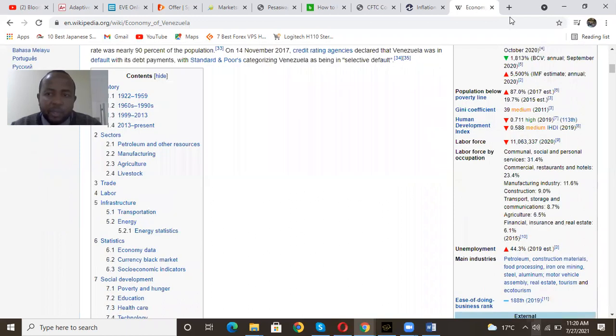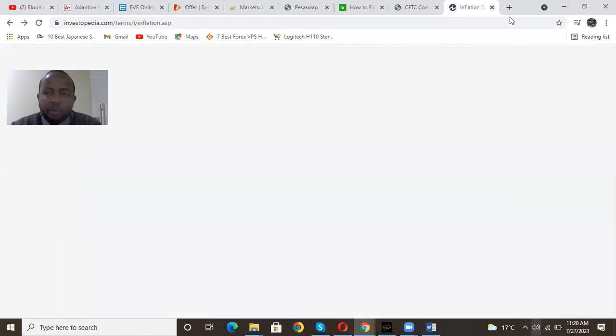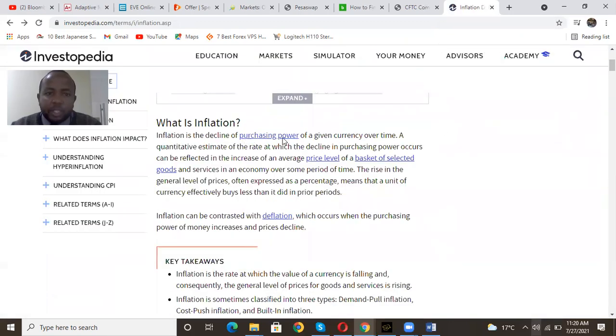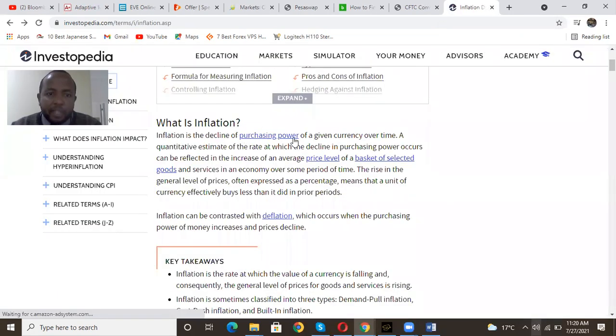So anyway, I don't need to go through much. I just wanted to explain what inflation is: the decline of purchasing power of a given currency over time. So within the next 5-10 years, you need to come invest in Forex, you need to make money, you need to increase your household income, because if inflation keeps hitting us and oil prices keep going up, I think right now we are at $73 per barrel, so basically the cost of living will go up.